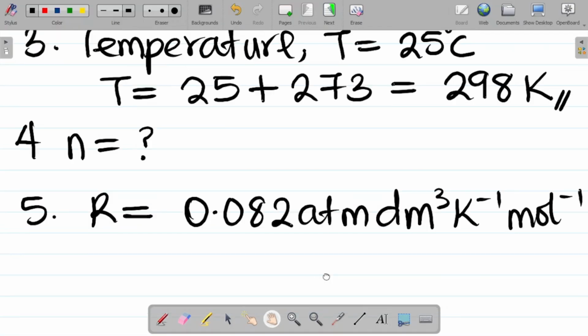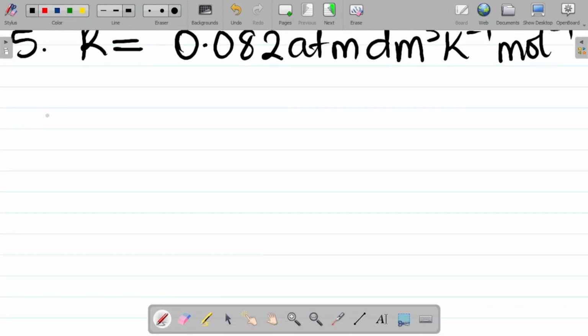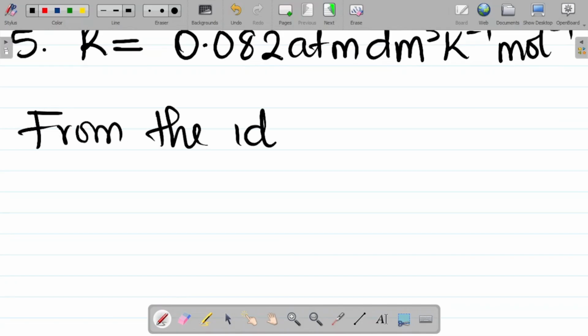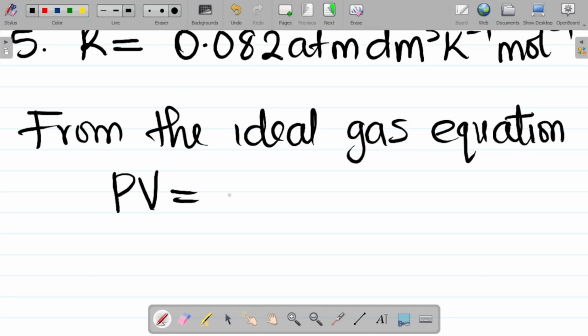All right, so with this check, let's now get the value of n. Let's recall our formula from the ideal gas equation. From the ideal gas equation, we have that PV is equal to nRT.